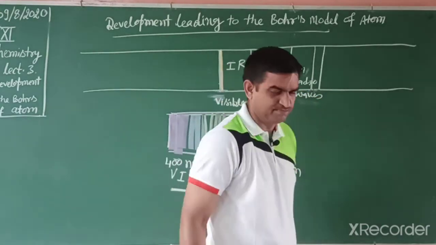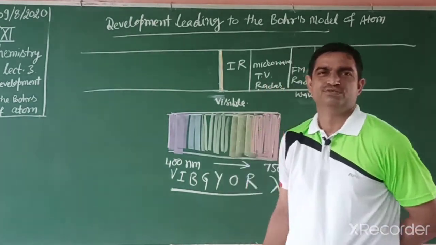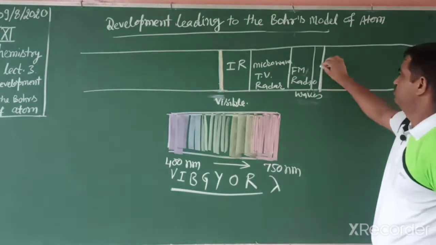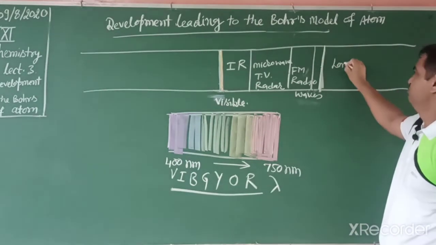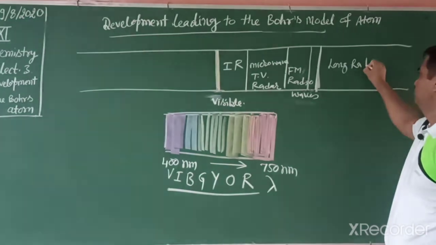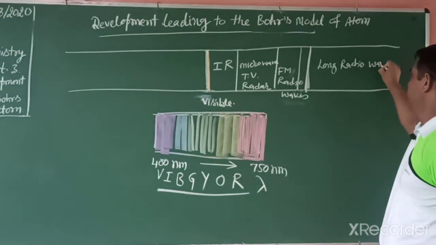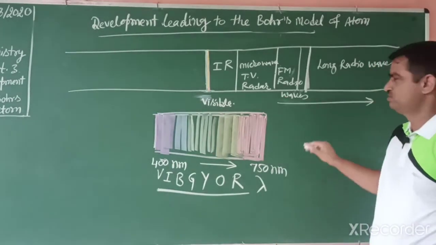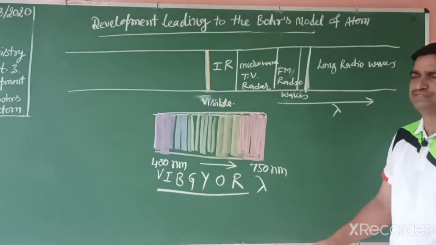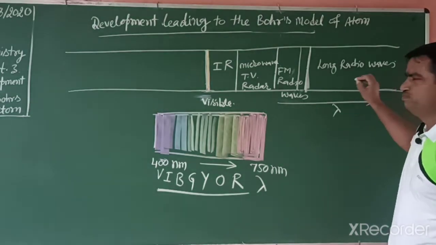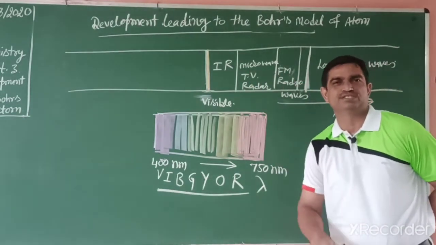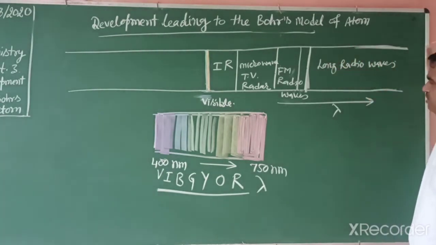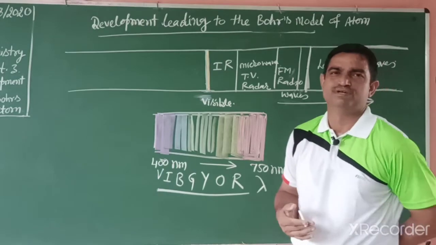Students, sometimes we listen to news from Britain, BBC London, Washington DC, those are long radio waves. On this side the wavelength increases. We get radio waves from BBC London and Washington DC easily because they have very high wavelength and can be received from anywhere.